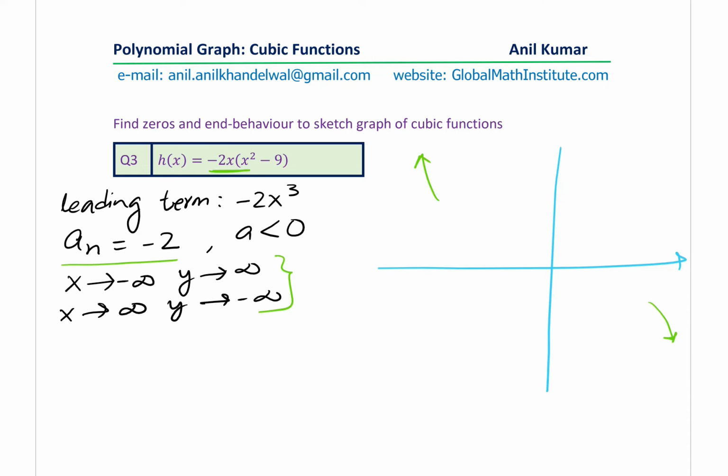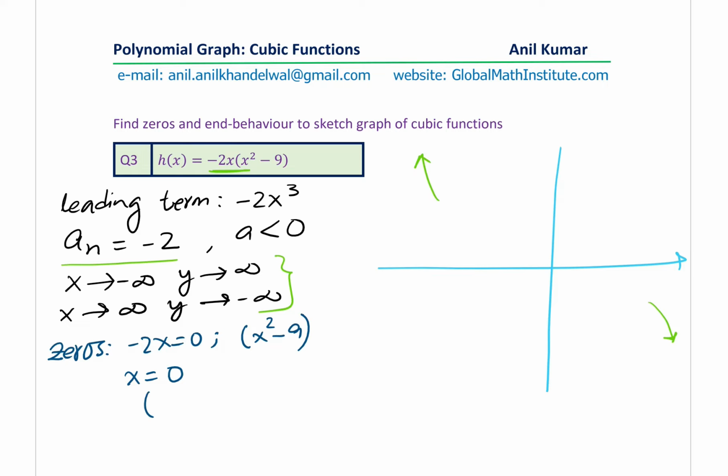Okay, now let's look into zeros and their multiplicity. So let's write down zeros. Zeros is a better term than the x-intercepts, since zeros also define the behavior of the curve. So one zero is for minus 2x equals 0. The other one is because of x squared minus 9. Correct? So that gives you one zero, which is at x equals 0.